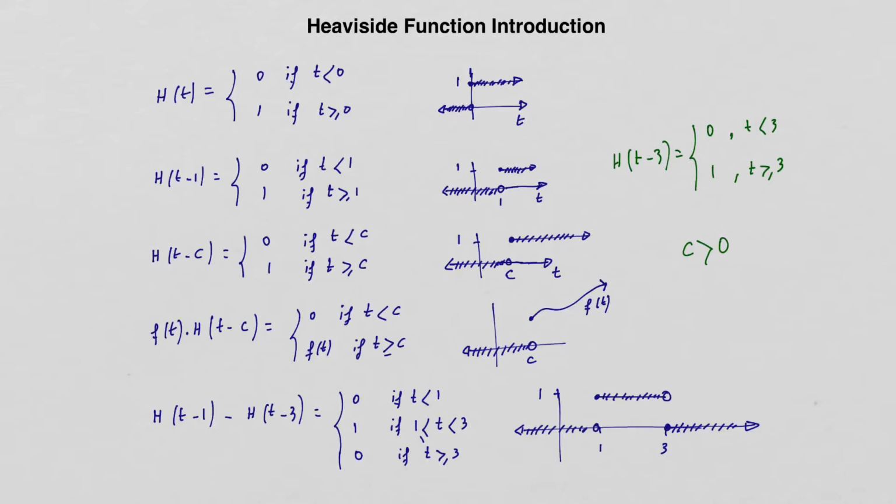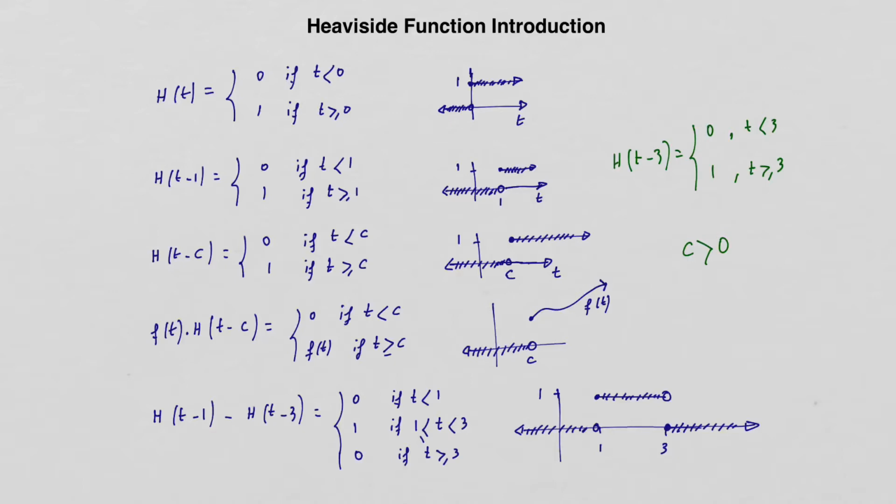Okay. So now, a very important difference is this type of function. What if I have h of t minus 1 minus h of t minus 3? This is exactly like the previous one, except that it switches at 3. Let me, maybe just once, go over it slowly.